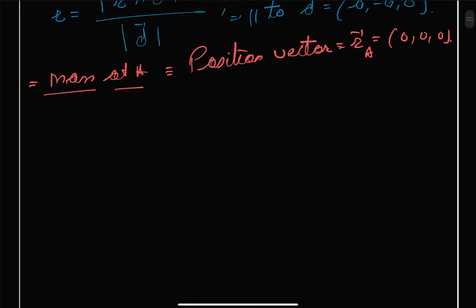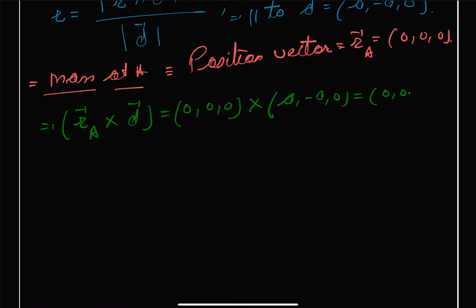Therefore the cross product, that is r of A cross d, will be equal to 0 comma 0 comma 0 cross (A minus A and 0). Obviously it will be equal to 0 comma 0 comma 0.